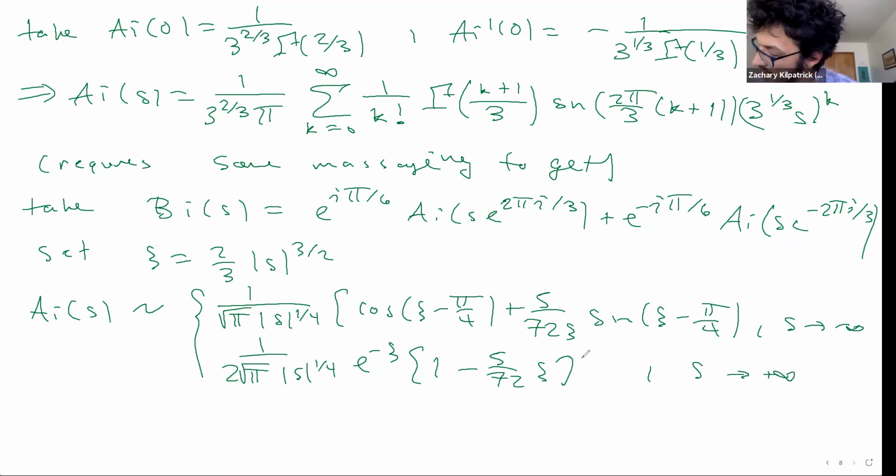Yeah, this long derivation is something of a headache, but I want you to notice what we've arrived at: on either side of the transition, we either have an oscillatory solution as s goes to minus infinity, which would be left of the transition point, or an exponentially decaying solution on the right-hand side of the transition point.